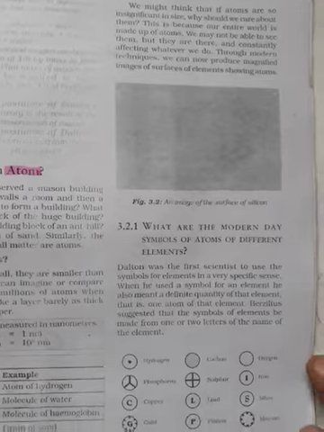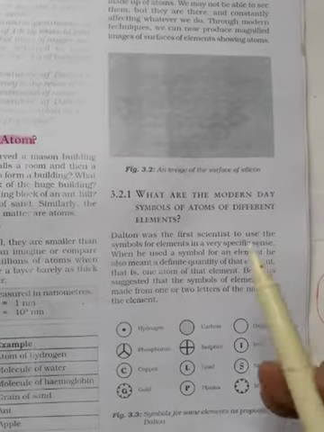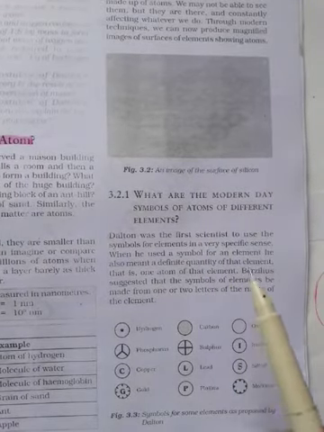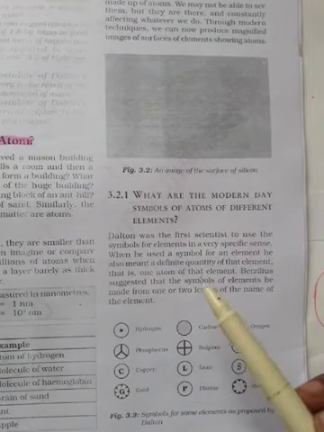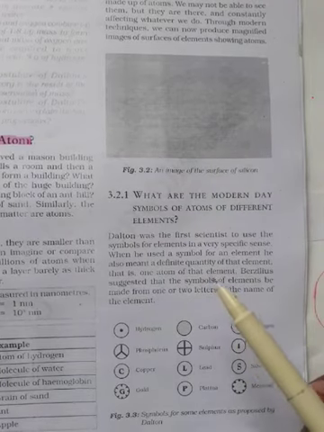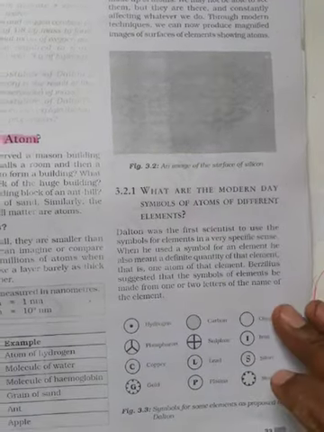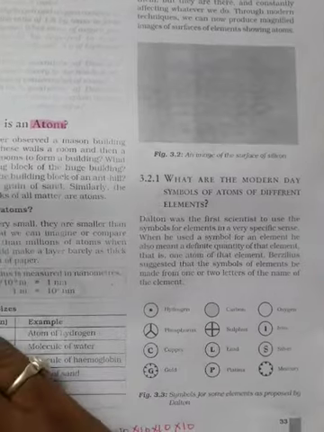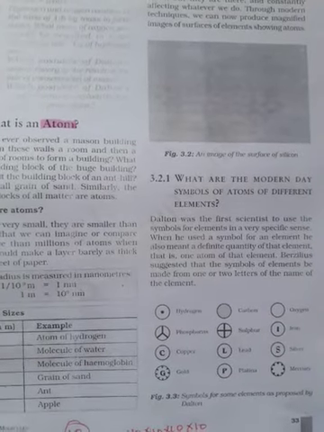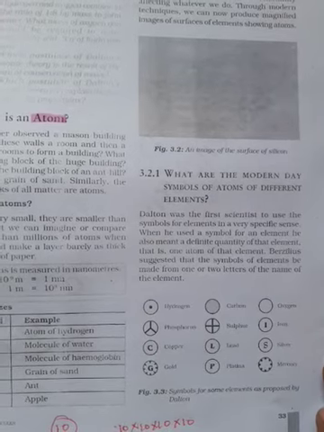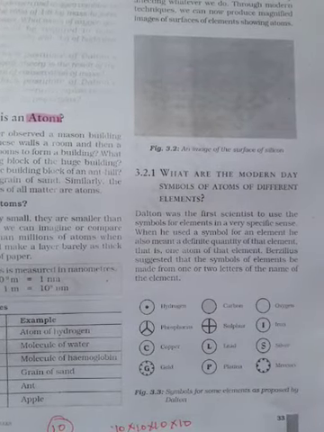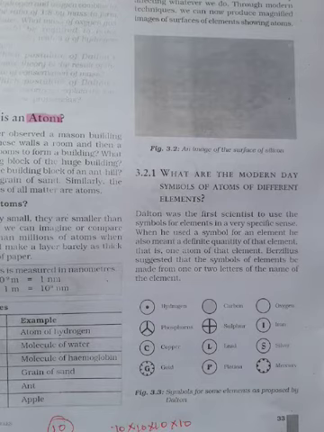So what are the modern symbols of atoms of different elements? There are many elements, as we all know: we have iron, silver, aluminum, copper, gold, and they have symbols. Dalton was a great scientist, and at his time he made symbols for different elements.